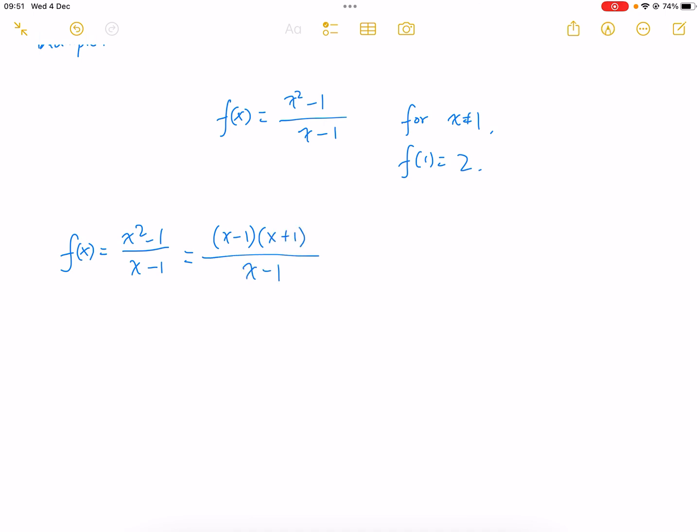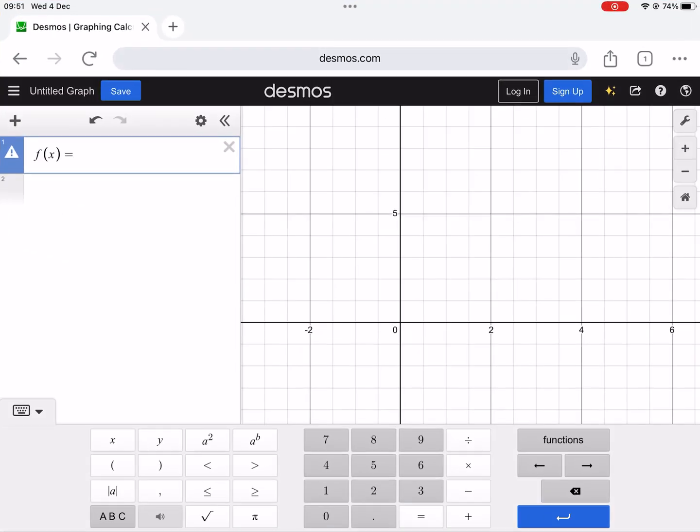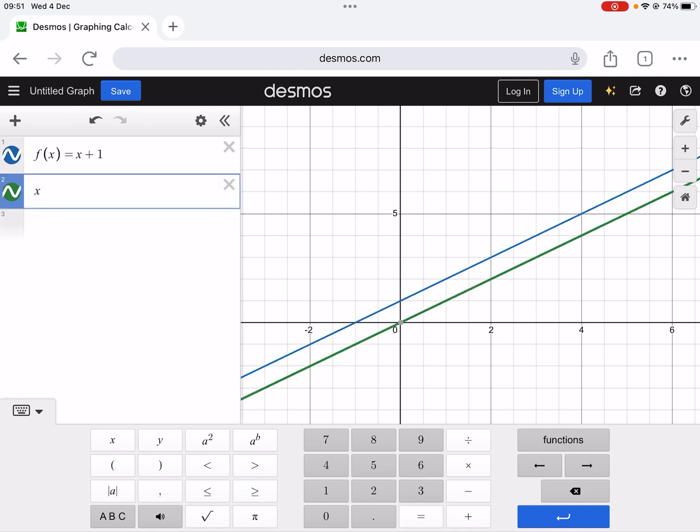So in this case, we can cancel this term and this term. So we are just left with x plus 1 for x not equal to 1. So our function can be written as x plus 1 for x not equal to 1.